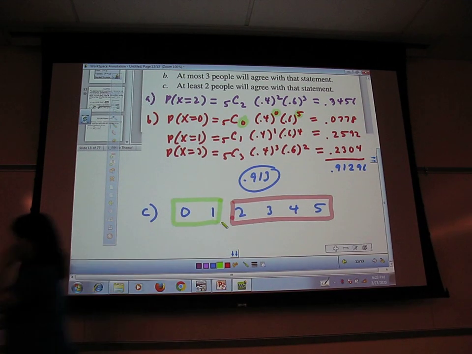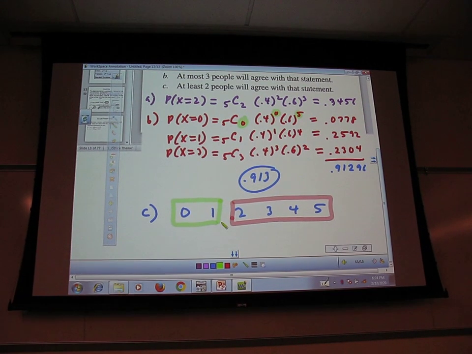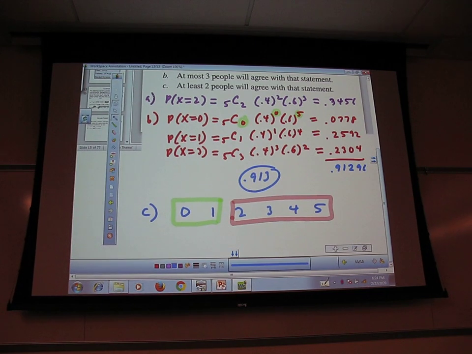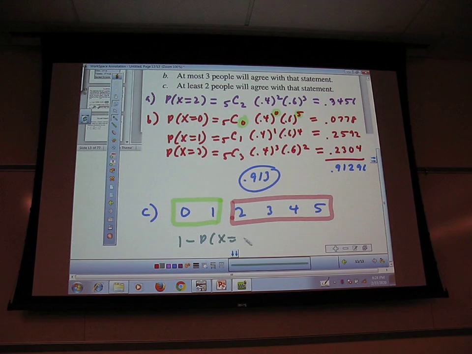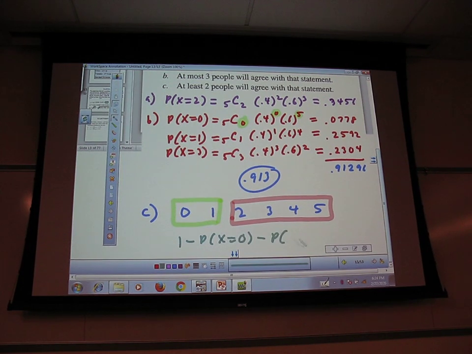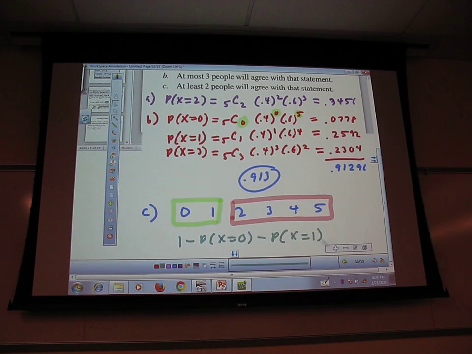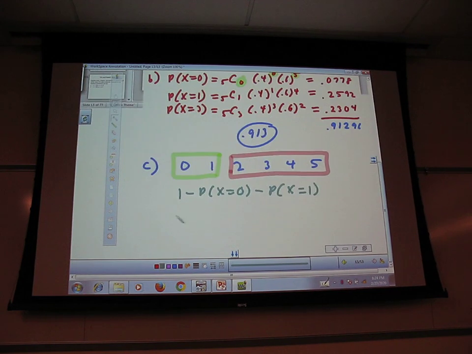Okay, so here we would say, all right, 1 minus the probability that X is 0 minus the probability that X is 1. So that's going to be 1 minus 0.0778 minus 0.2592.